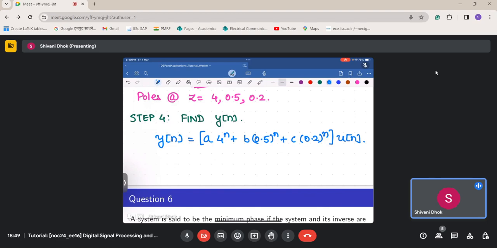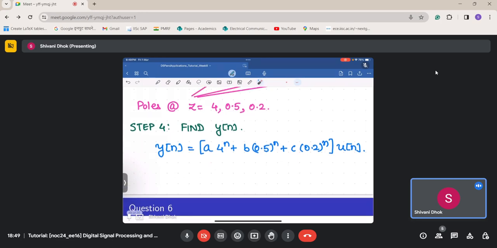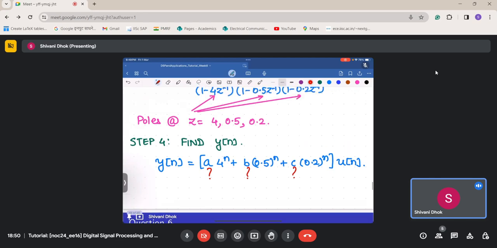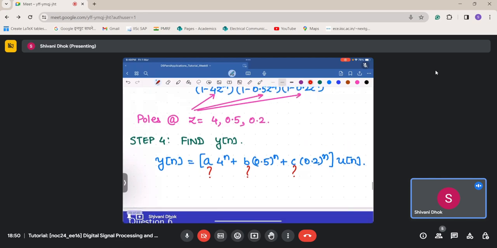Okay, so now we need to find these constants a, b and c. What are these constants that we don't know? In order to find them, we need to make use of the difference equation and the initial conditions or some y of n values that are given to us.